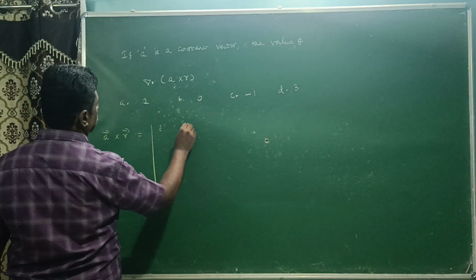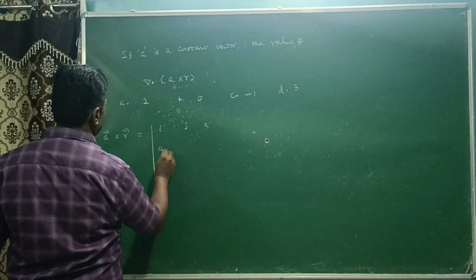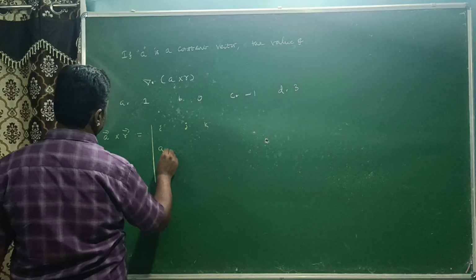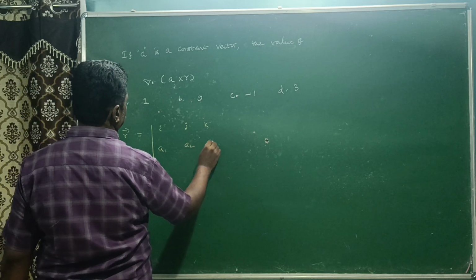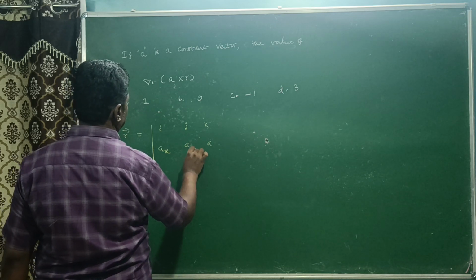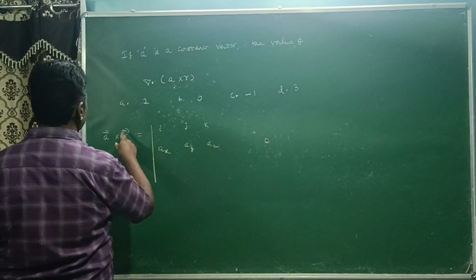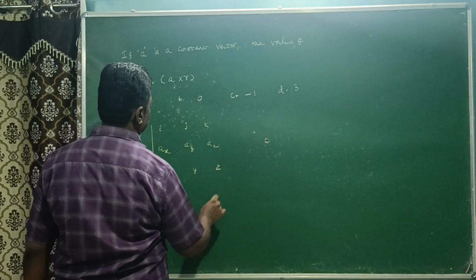Vector A cross vector R is the determinant of i, j, k; Ax, Ay, Az; and R vector is x, y, z.